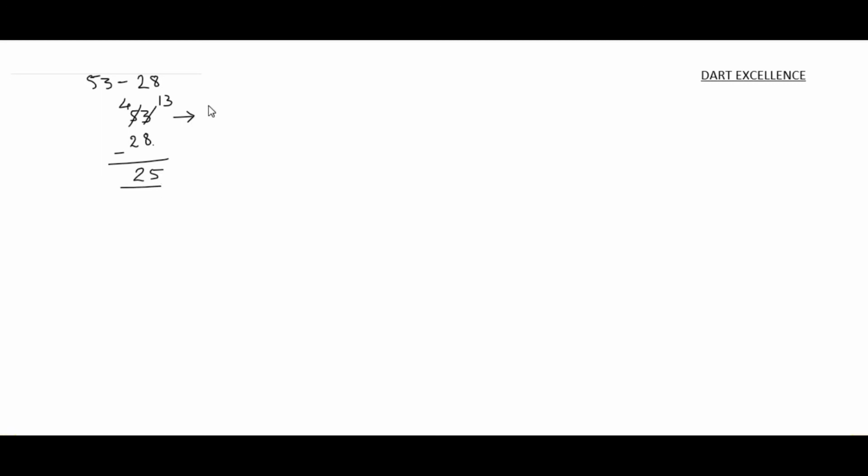Now let's see what is actually happening with the numbers. For 53, we can write it as 5 tens plus 3 ones. And for 28, we can write it as 2 tens plus 8 ones.